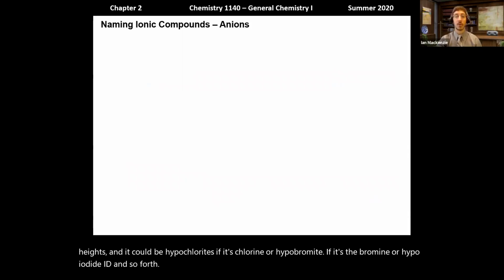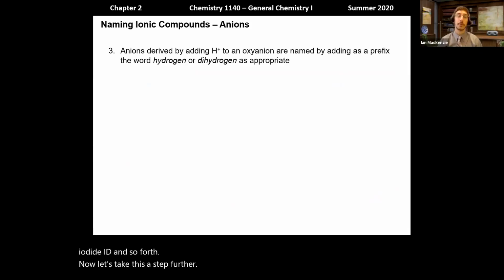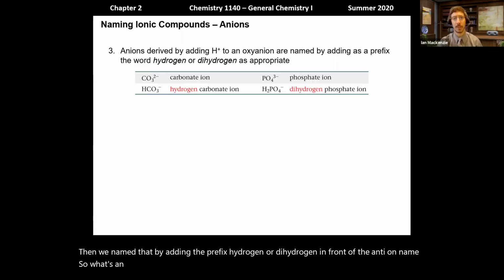Now, let's take this a step further. If we have anions that are derived from adding an H+ to an oxyanion, then we name that by adding the prefix hydrogen or dihydrogen in front of the anion name. So what would this look like? We'll take the carbonate ion.